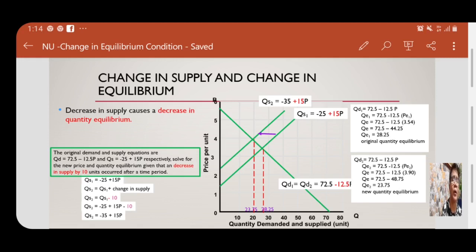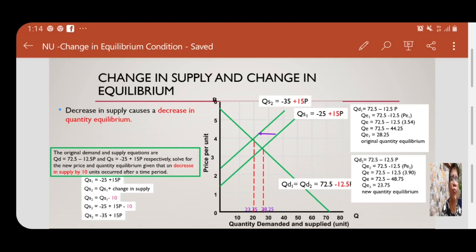The computed value of the new quantity equilibrium is 23.75 units. So how much now is the change in quantity equilibrium? The change in quantity equilibrium is QE2 minus QE1. QE2 is 23.75 and QE1 is 28.25.